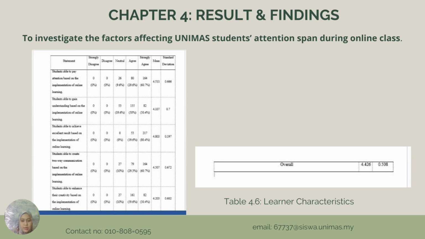Meanwhile, the lowest mean is 4.107, which is the statement student able to gain understanding based on the implementation of online learning, with standard deviation of 0.70. Next, the overall mean of the learner characteristic is 4.426 and standard deviation is 0.508. Thus, there is agreement about the learner characteristic.